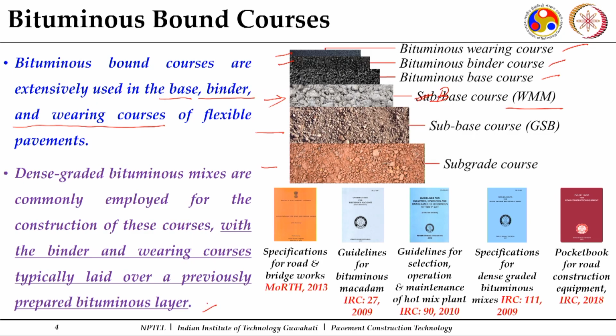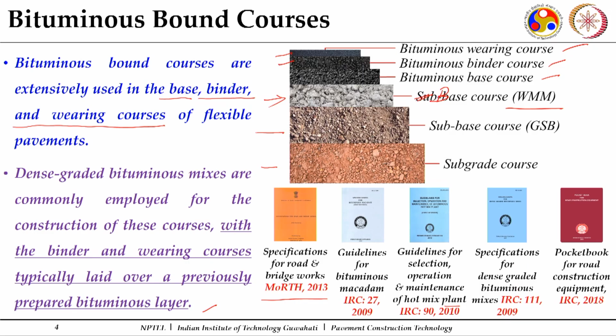And for this particular one, we will be referring to MORTH specifications for road and bridge works. We will refer to the guidelines for bituminous macadam, IRC 27 2009. One can refer to guidelines for selection, operation and maintenance of hot mix plant, which is used for the production of bituminous mixes.